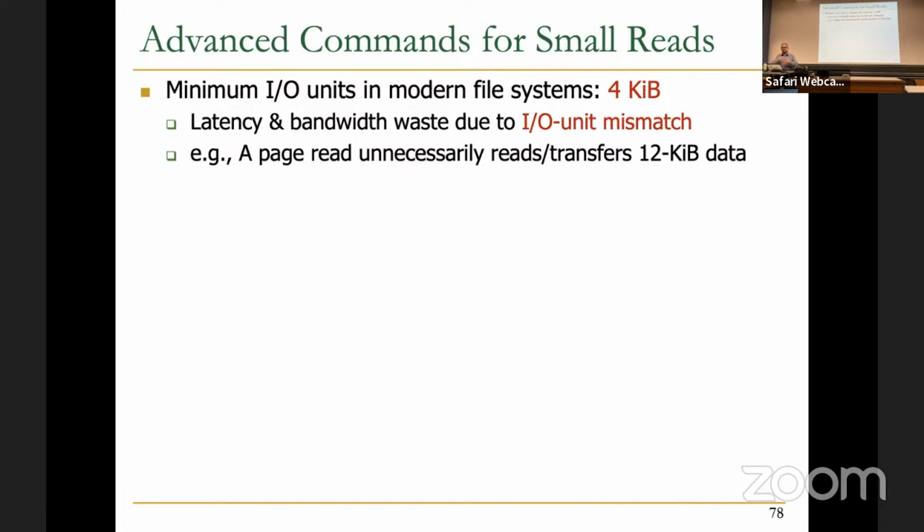There are some SSDs that are performance optimized and use smaller pages, but usually the SSDs that you can use have larger page sizes, like 16 kilobytes. So if the host sends a request for accessing 4 kilobytes, you have this I/O unit mismatch. When you read from your flash memory, you read 16 kilobytes, but you only need 4 kilobytes. So that's a problem, right?